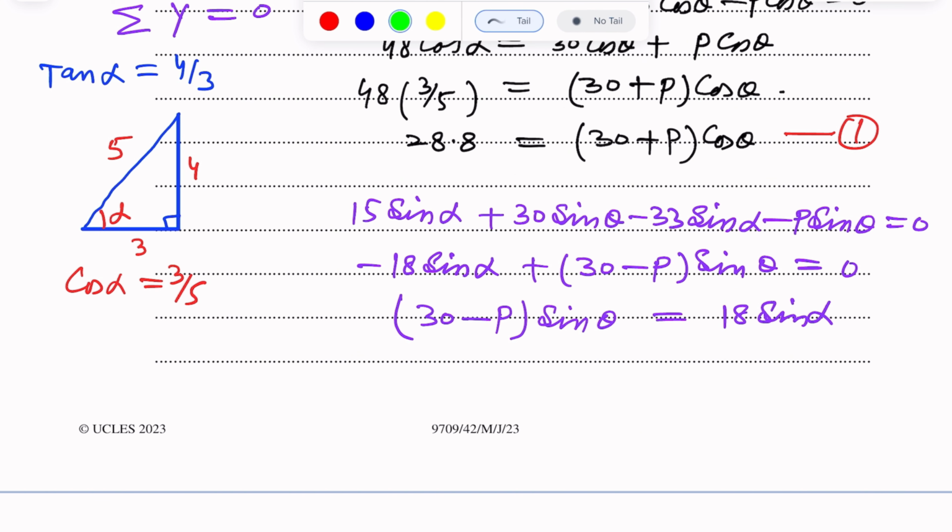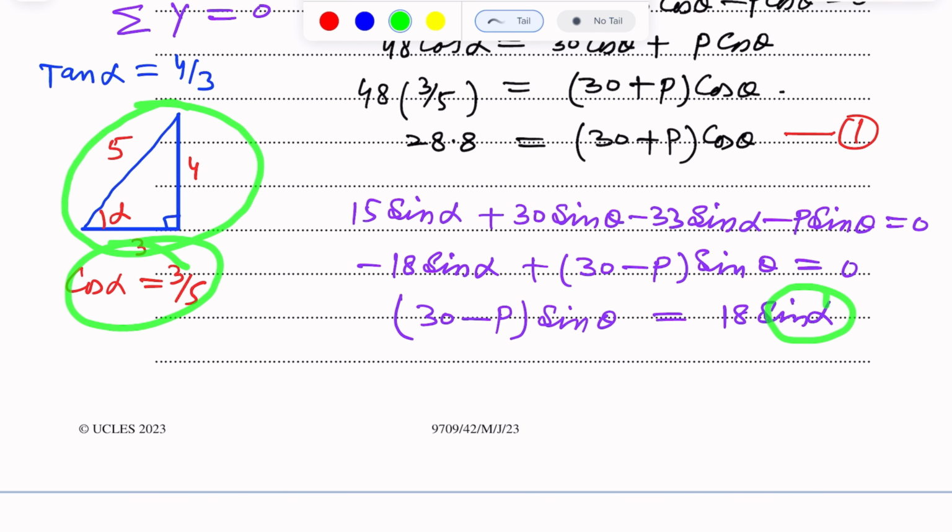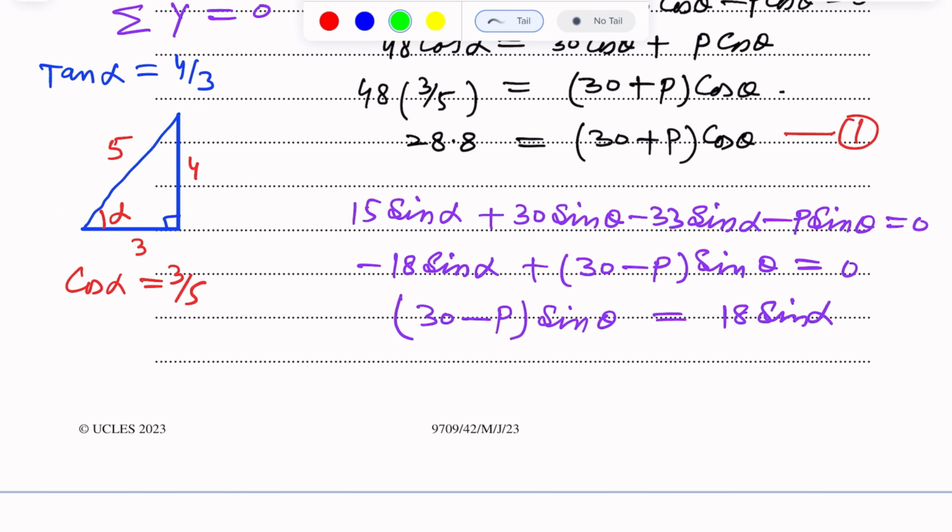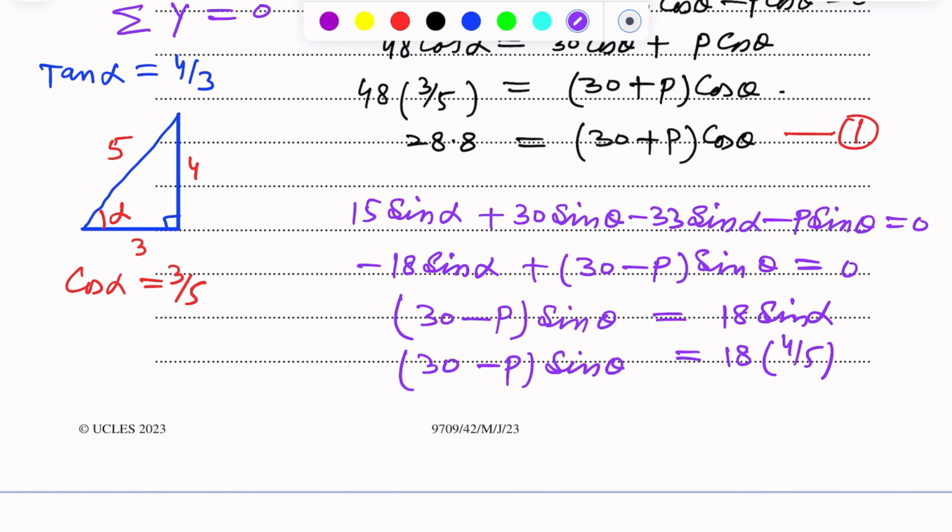Now we can find the value of sin alpha from this diagram. Sorry, we will find the value of sin alpha. Sin alpha will be perpendicular over hypotenuse, means 4 over 5. The value of sin alpha is 4 over 5. Left side, 30 minus p into sin theta.